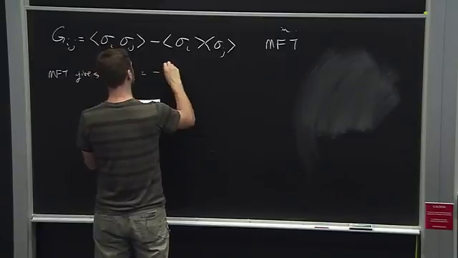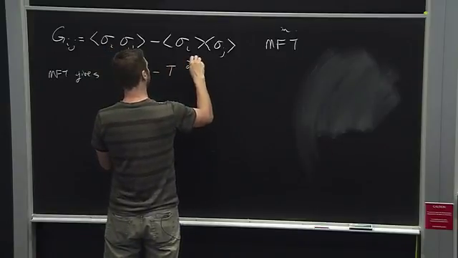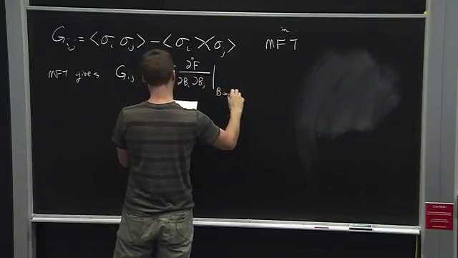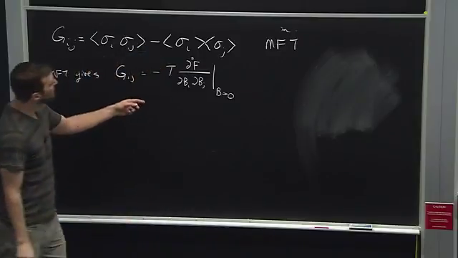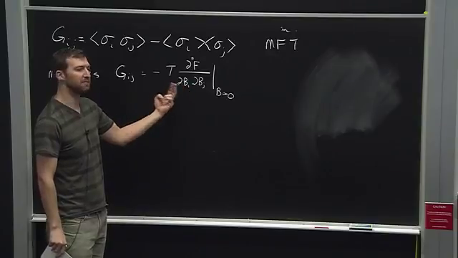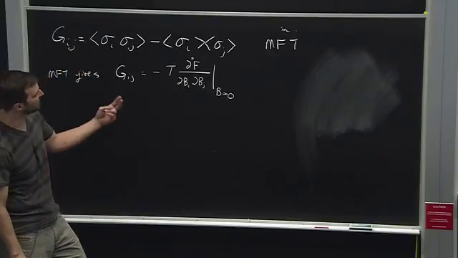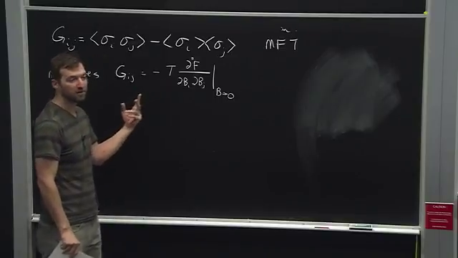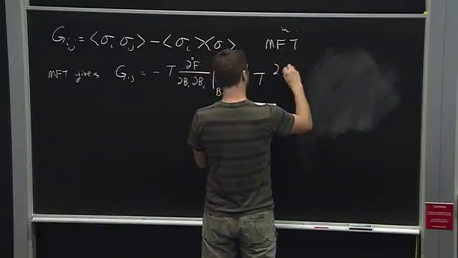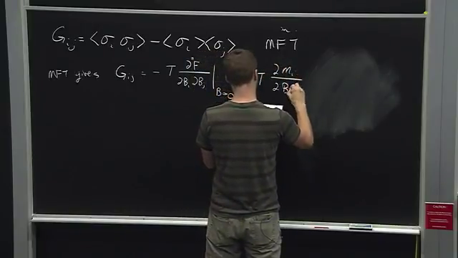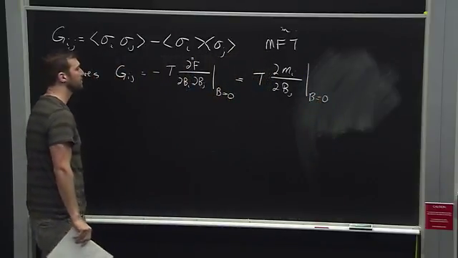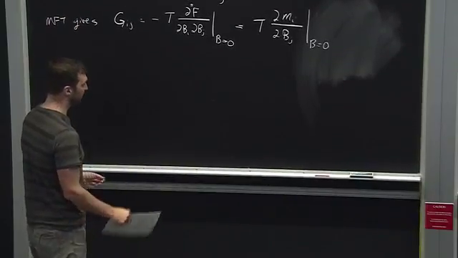I'll just write a couple steps down. So we started from the second derivative of the free energy with respect to two sort of fictitious on-site fields. They're just introduced because, again, they couple directly to the order parameter. So we showed that this is equal to the derivative of the mean field magnetization on site, M_i.